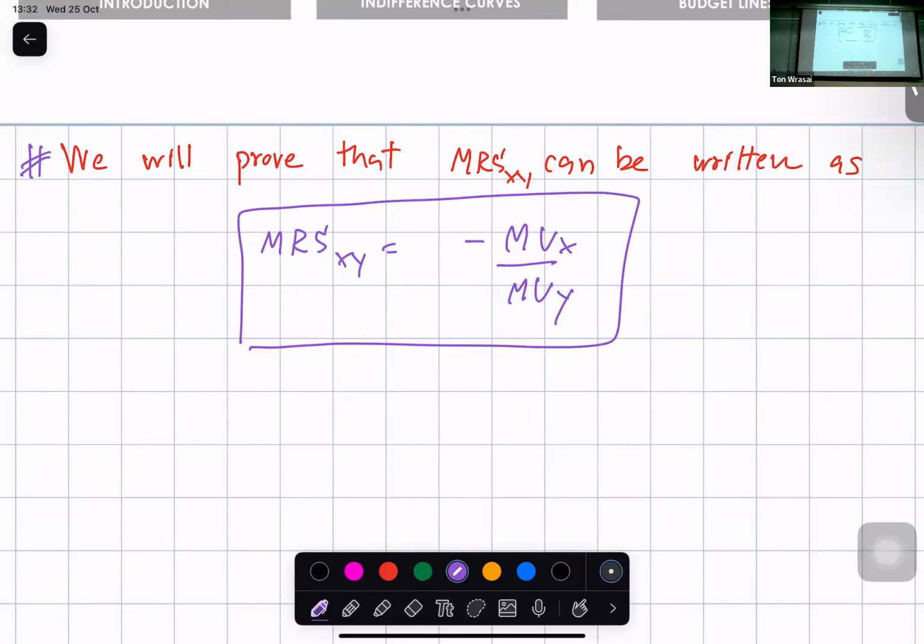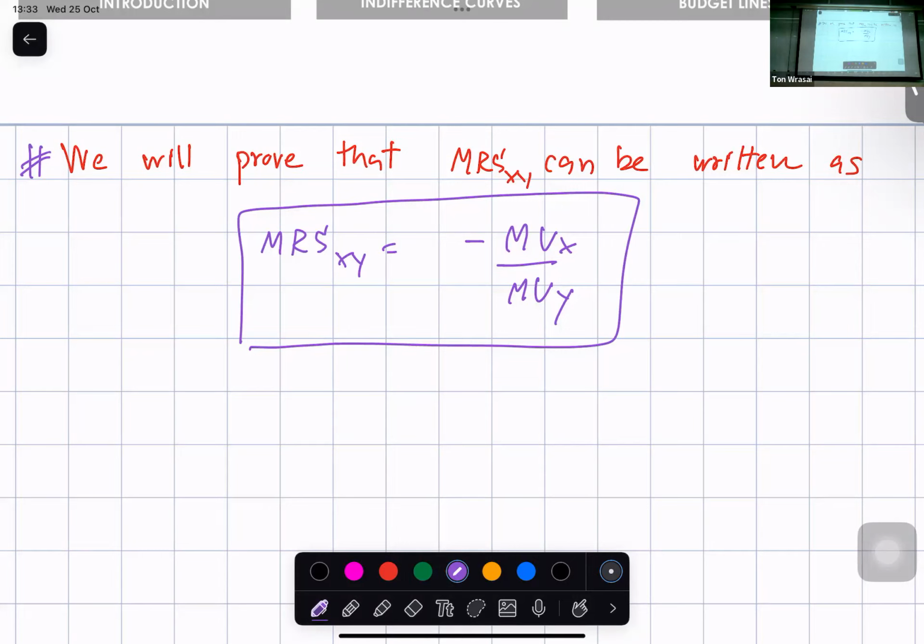Okay, and back. What is MU? Yes, somewhere around there. Increase in utility?